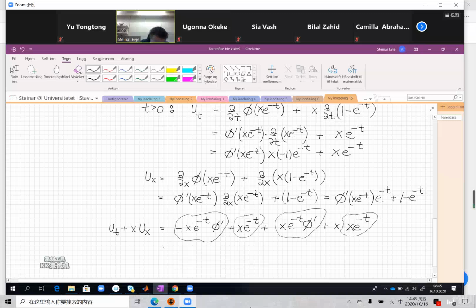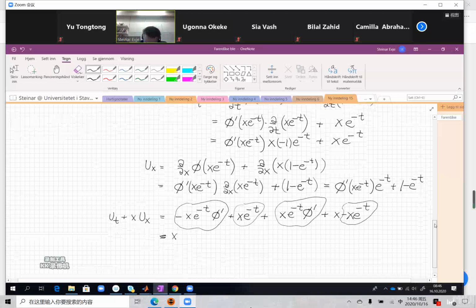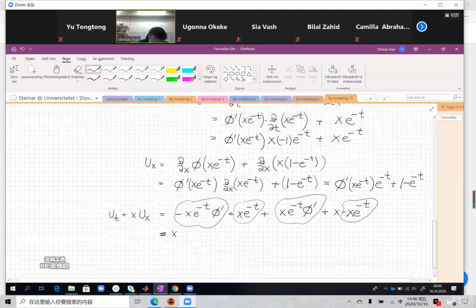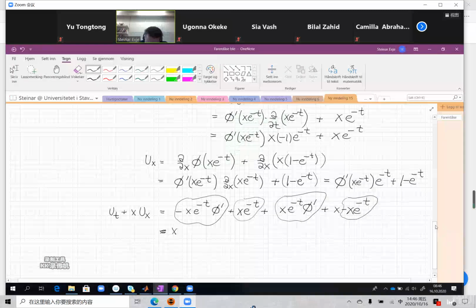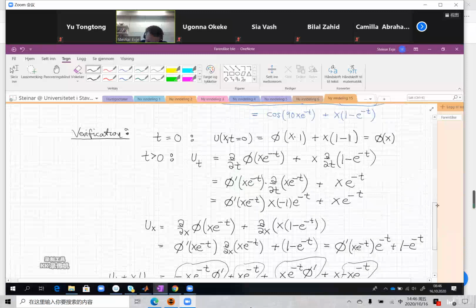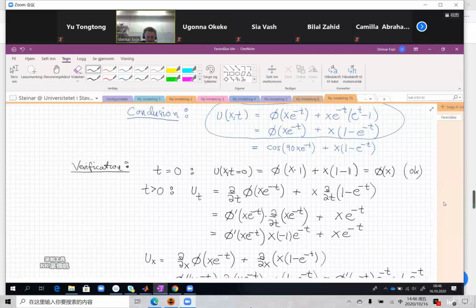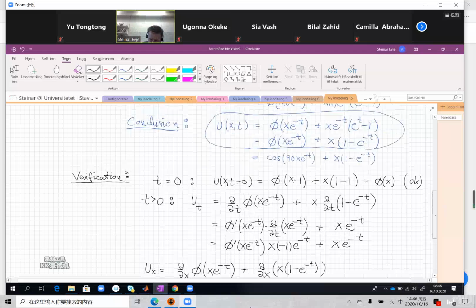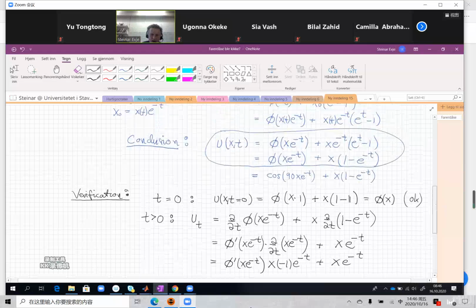So what remains is only x. So that looks really good. So we can conclude that this is okay, as well as the initial data. So then we have proved also by verification that our solution satisfies this equation. Any comments to this?